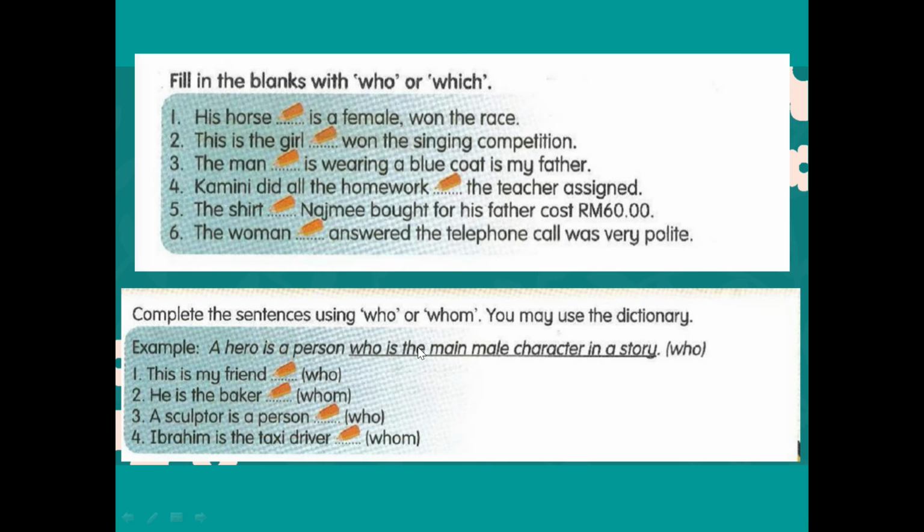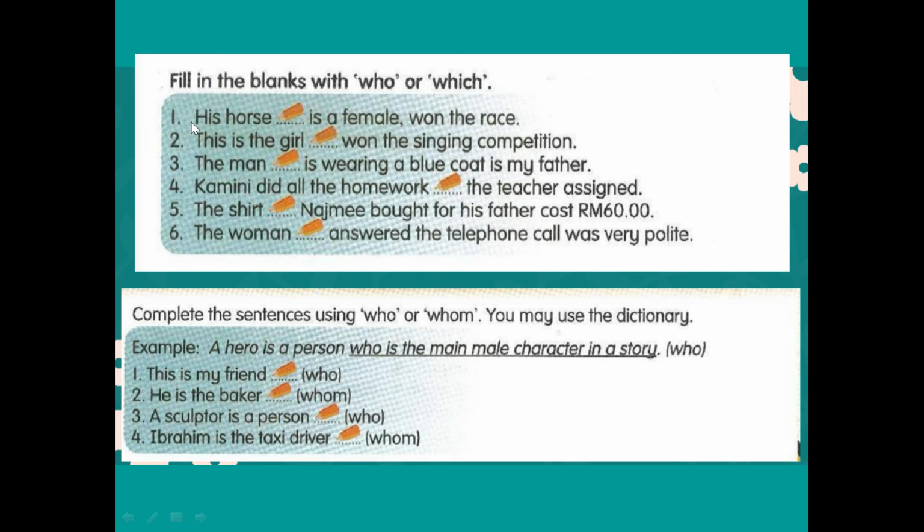Okay, let's continue. Let's do this exercise which is below on page 38. Okay, there are two exercises. We do the first one first. Fill in the blanks with who or which. So as you know, who we use for people, which we use for things or animals.